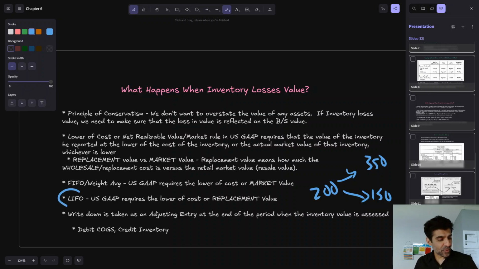If you're using LIFO, you have to use the wholesale value as your determinant to see whether you should write it down or not.